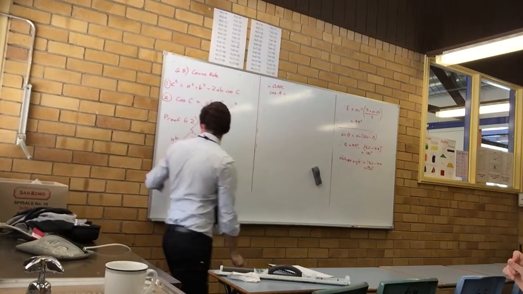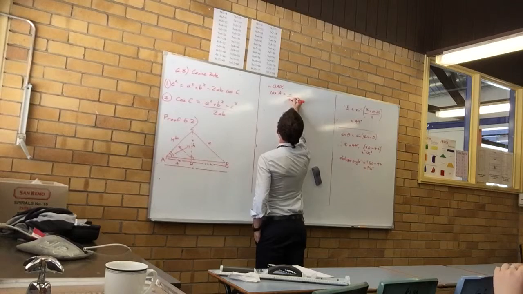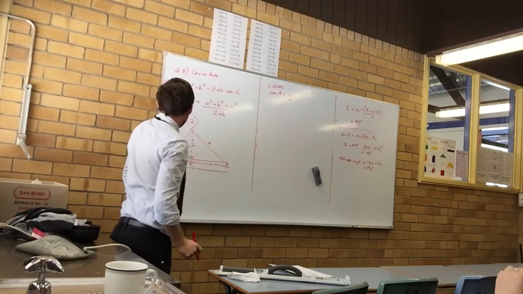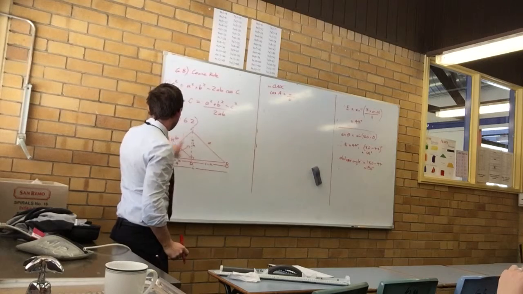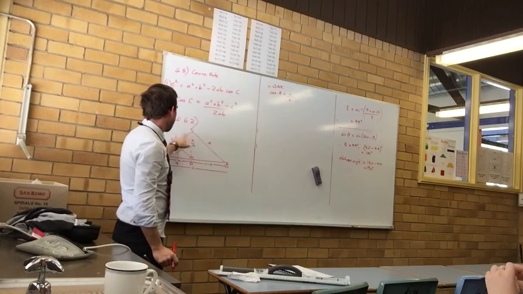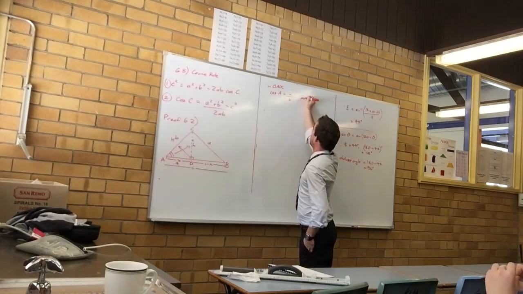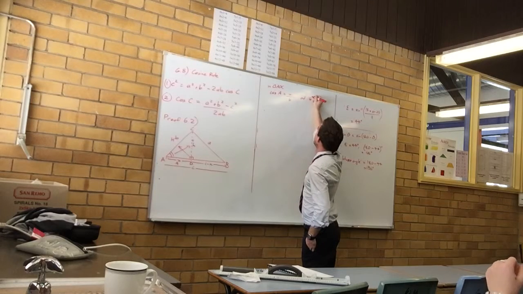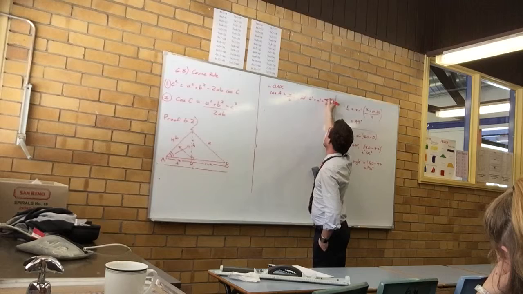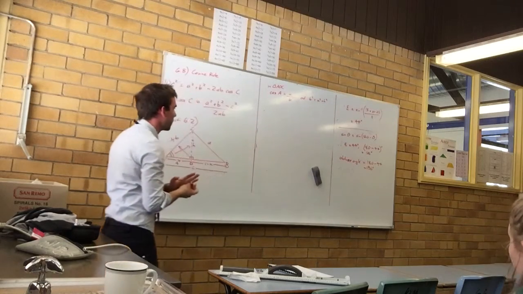So adjacent over hypotenuse, it'll be x over b. And also because I'm given 3 sides of my right angled triangle, I can naturally write Pythagoras out for that. So the hypotenuse squared, b squared, is going to equal the sum of the square of the 2 shorter sides.